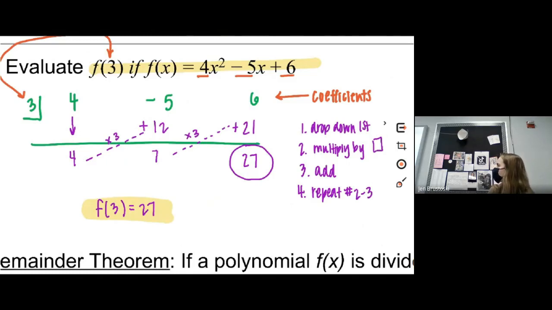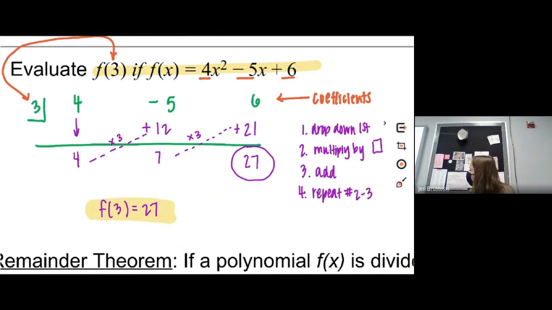Add going down, multiply, add, until we get to the final solution there. Okay. Another second. I'm going to move on here.